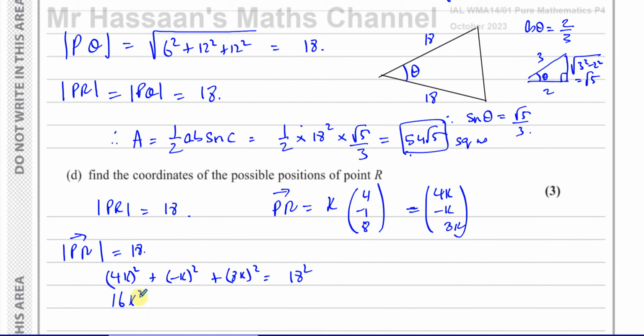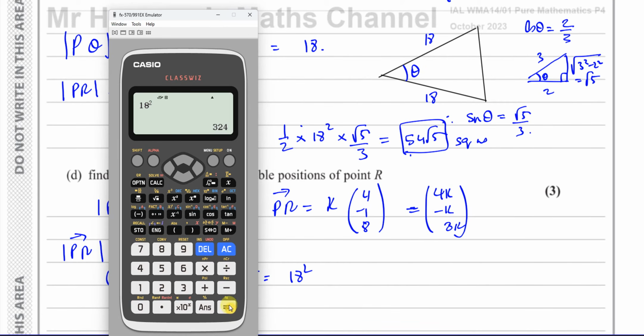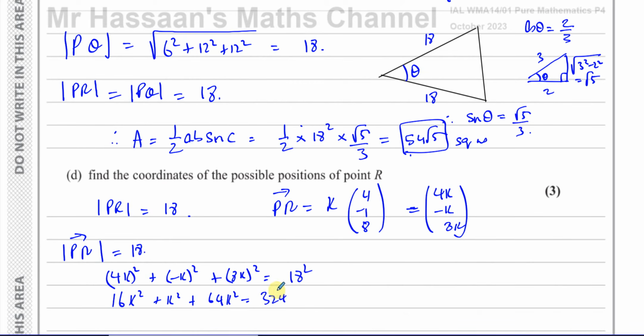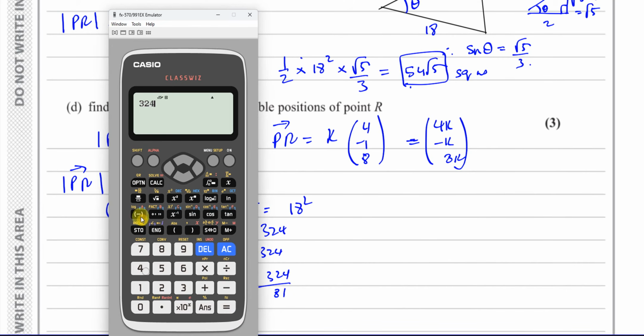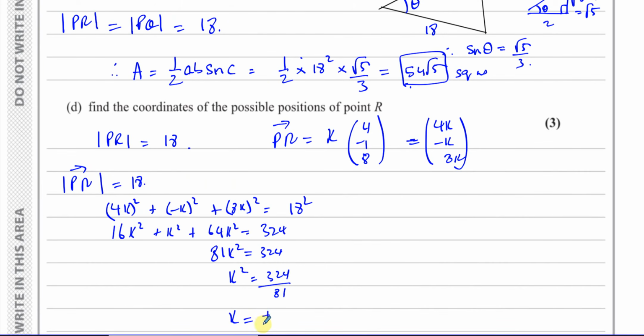That's going to be 16k squared plus k squared plus 64k squared equals 18 squared, which is 324. So 16 plus 1 plus 64 gives 81k squared equals 324. k squared is equal to 324 over 81, which is 4, so k is going to be plus or minus 2.